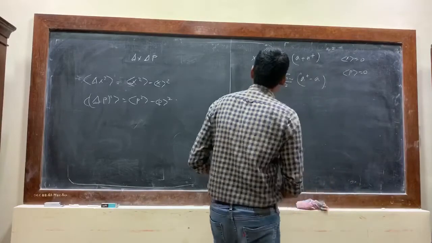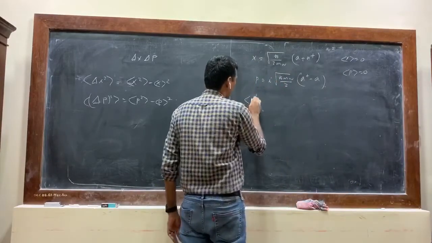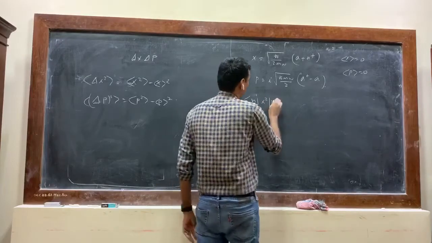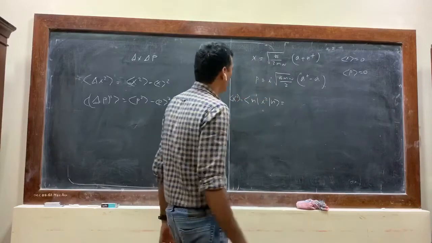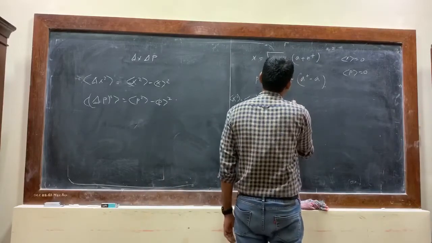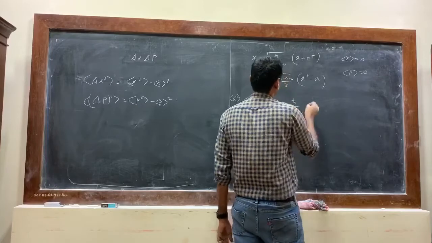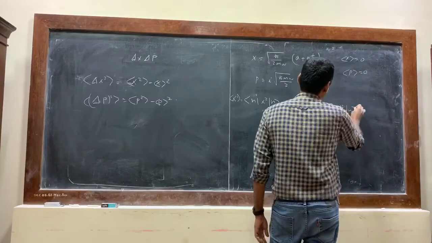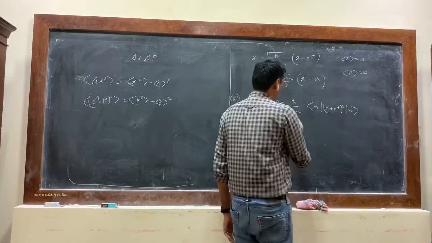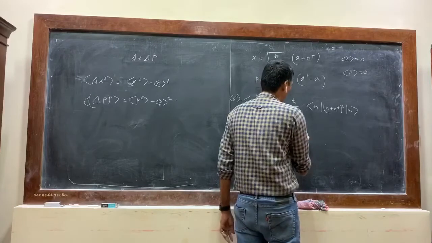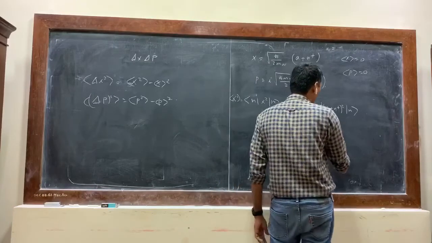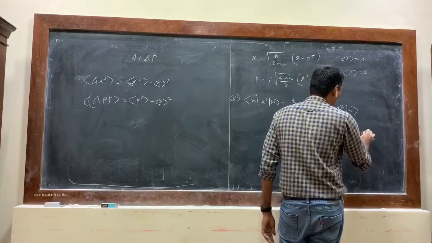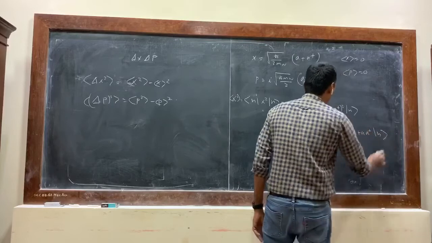Now let's try to evaluate <n|x square|n>, that means the average value of x square in the state n. This is equal to, if you square it, h cut divided by 2m omega into <n|(a plus a dagger) all square|n>. This is equal to h cut divided by 2m omega into <n|a square plus a dagger square plus a dagger a plus a a dagger|n>.